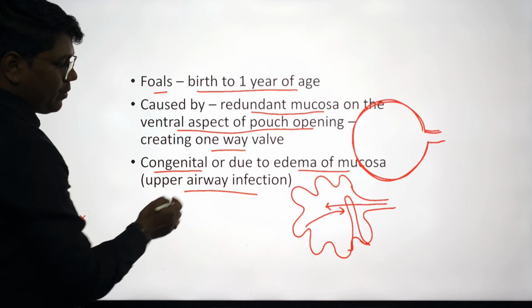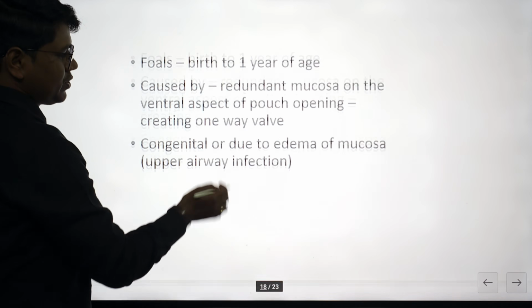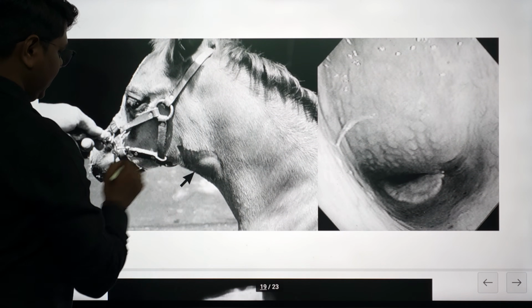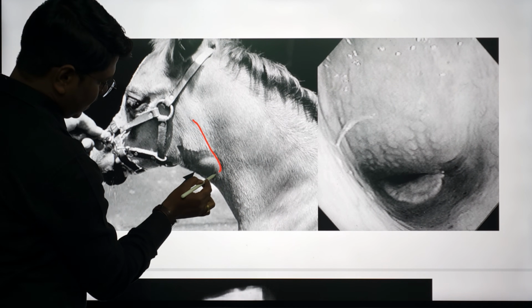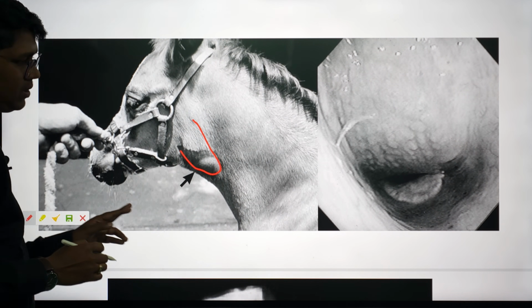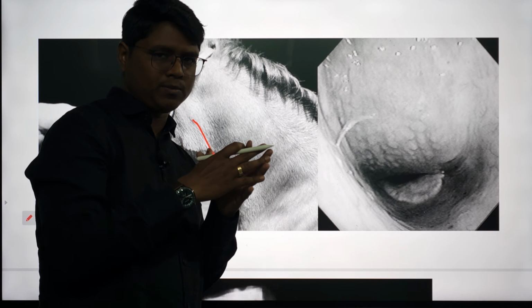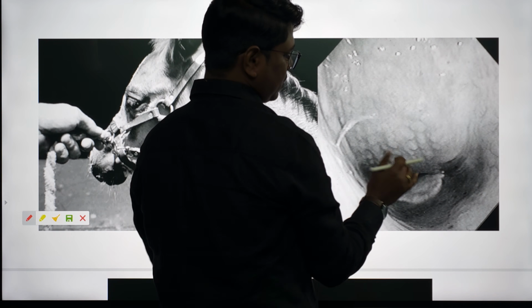Okay, it may be congenital or due to edema of the mucosa, secondary to upper airway infection. Okay, understood? So this is the clinical side of the tympany. You can see here there is a swelling. Okay, this particular swelling, and in the endoscopic image, sometimes it becomes so severe that there is collapse of the dorsal wall.